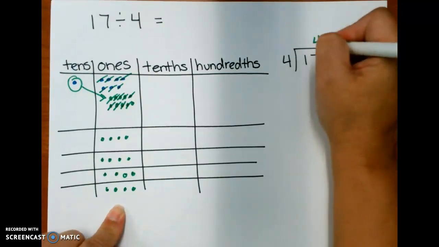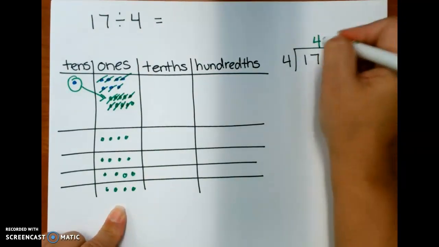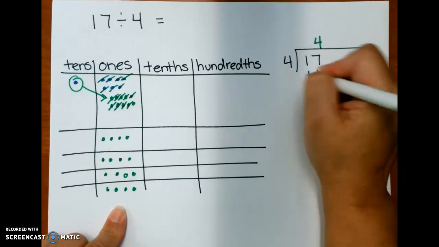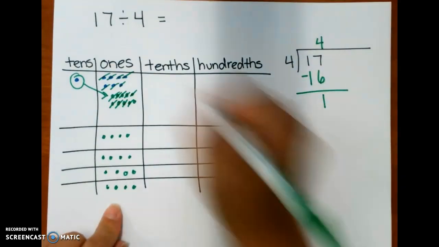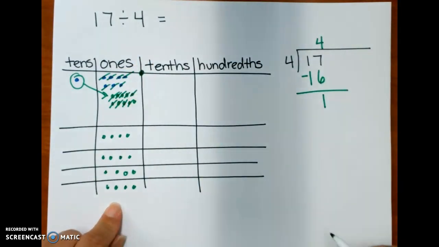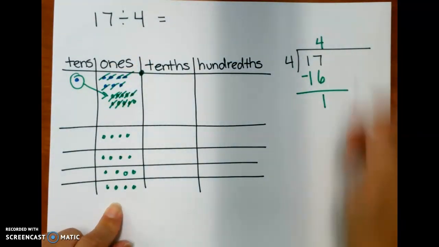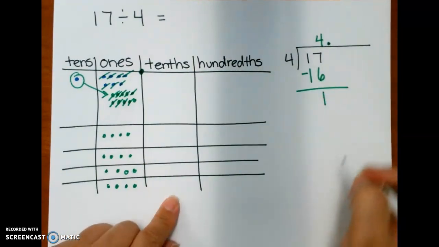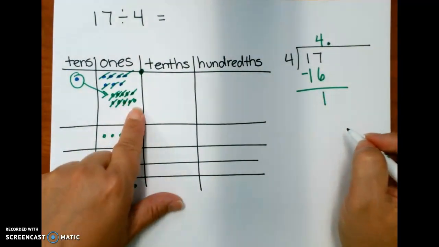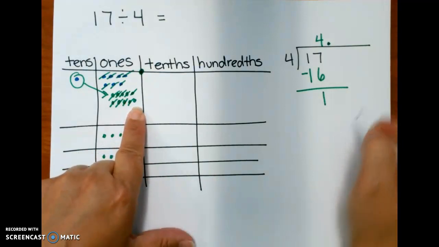This looks like a regular division problem. 4 times 4 is 16, and when I subtract, I have 1 left over. Which column are these in? They're in the ones column. So I need to put a decimal point here, and I'm going to need to make this 1 one into tenths.